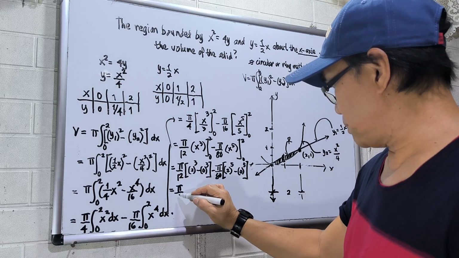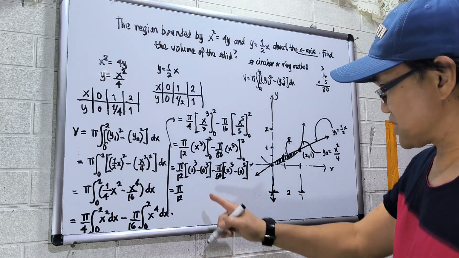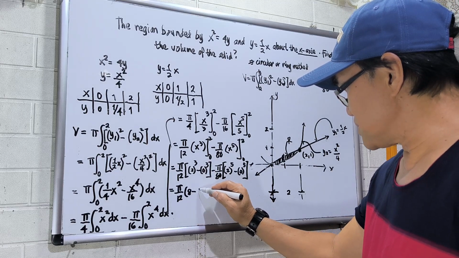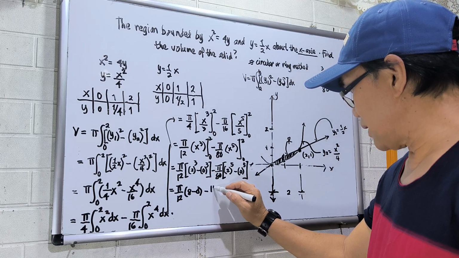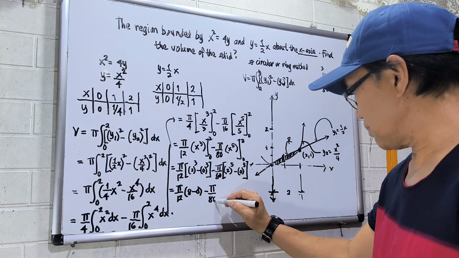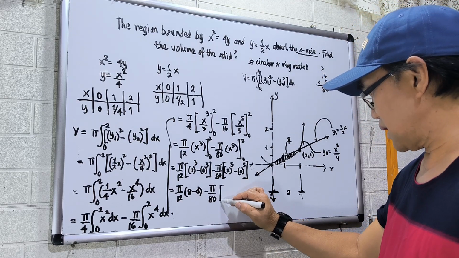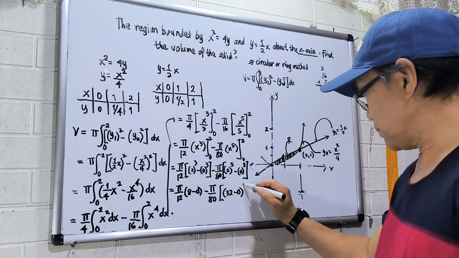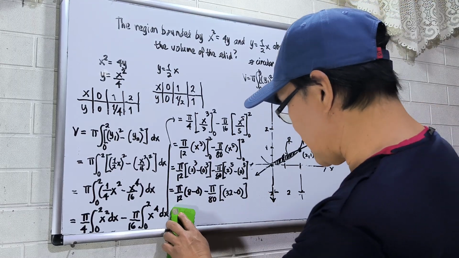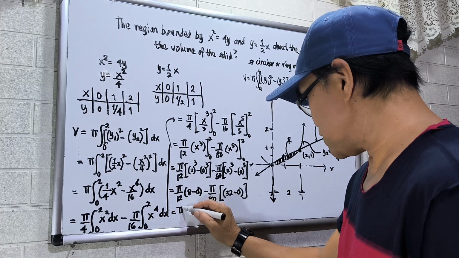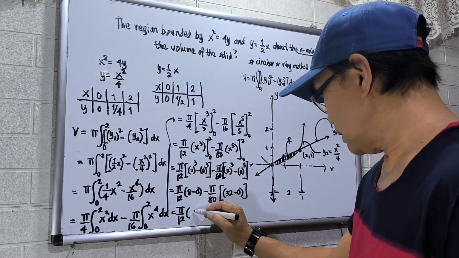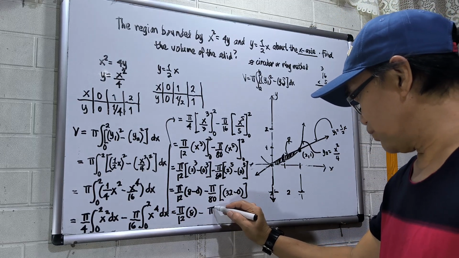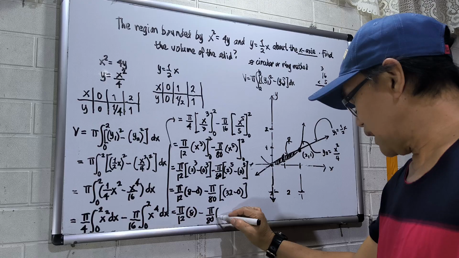Pi over 12. What is 2 to the 3? That is 8. 8 minus 0. Then minus pi over 80, then this will be 32 minus 0. So this will be pi over 12, this will be 8, then minus pi over 80 times 32.